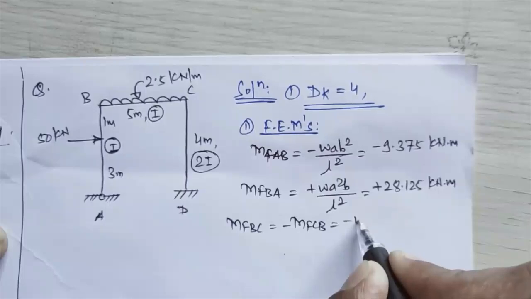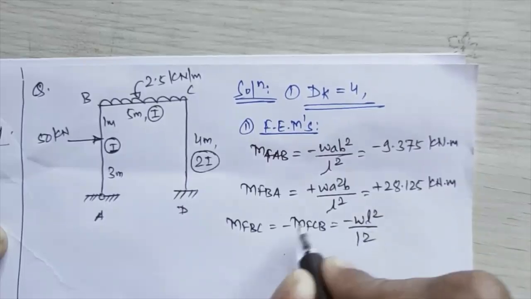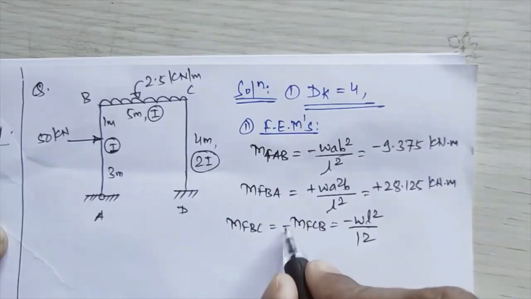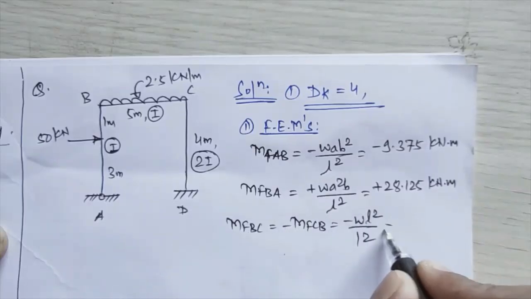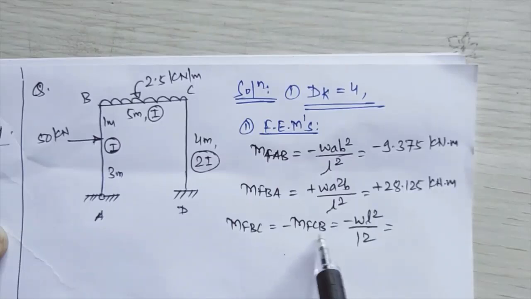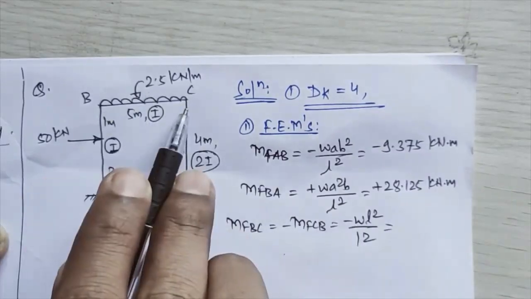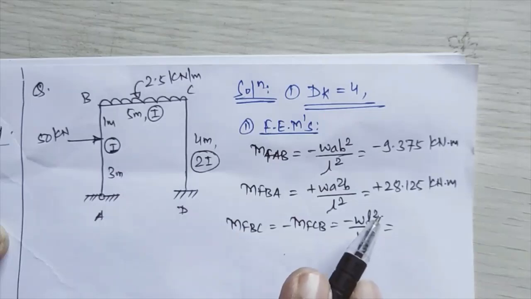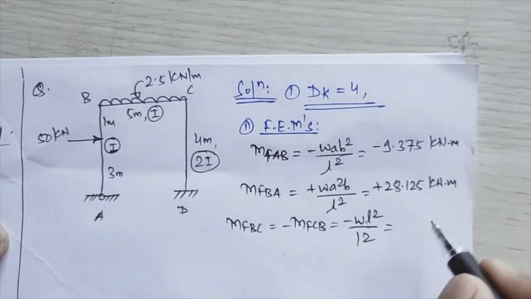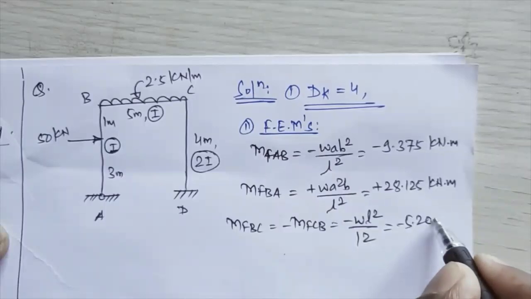So that will be minus W L square divided by 12. I have written them combined because the signs of BC and CB will be opposite to each other. If this comes negative, this will come positive. So W is 2.5, length of BC is 5, square, divided by 12. So that comes here equal to minus 5.208.